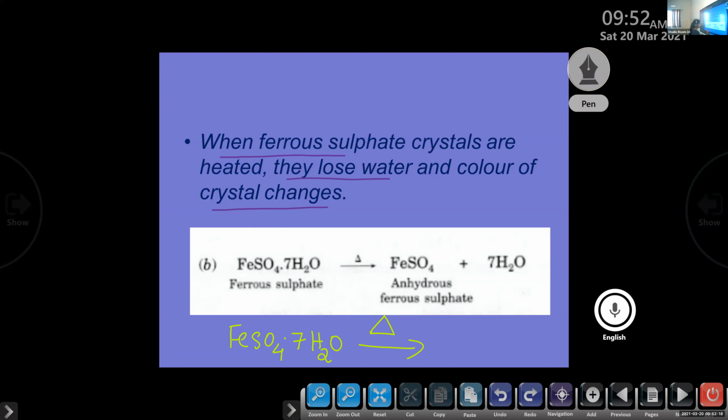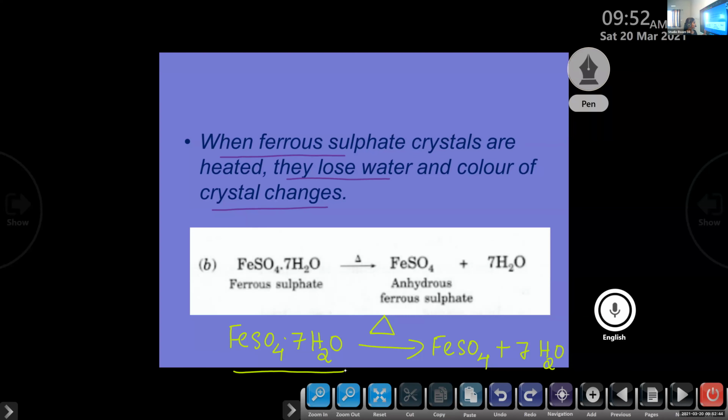And after some time, what happens? The water molecules are lost. That means FeSO4 plus 7H2O. This is the first example for decomposition reaction. Here, a single reactant is there.